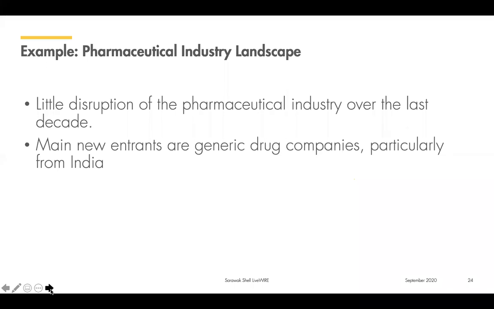Maybe you have companies like Roche, GlaxoSmithKline, Novartis, and a few others. They basically dominate the market, right? In the oil and gas industry, they have this term called the Seven Sisters. These are like Shell, ExxonMobil, British Petroleum, and others, Caltex and all that. So the main new entrants are generic drug companies, particularly from India.